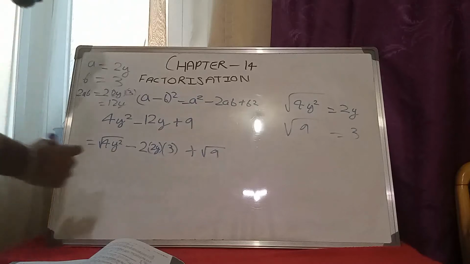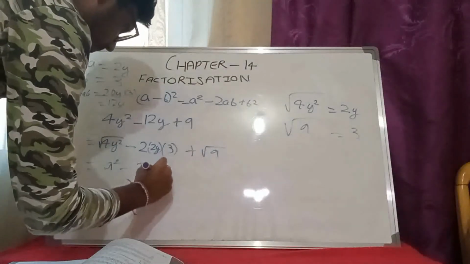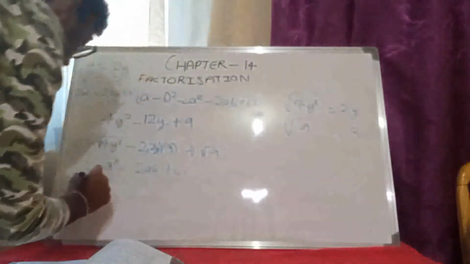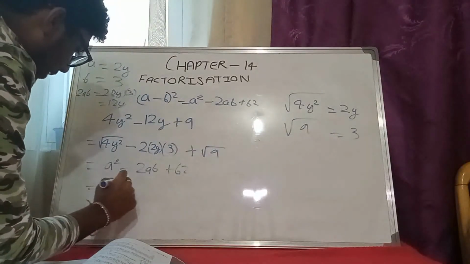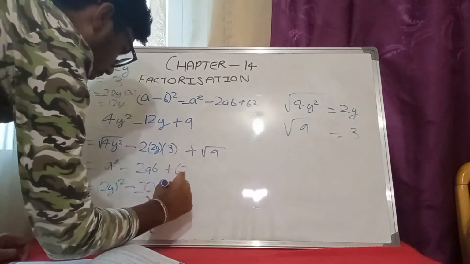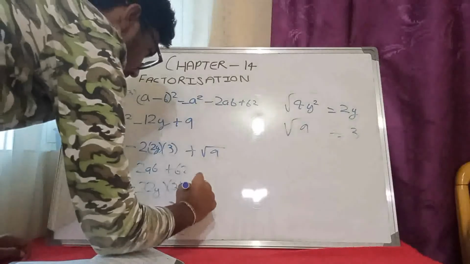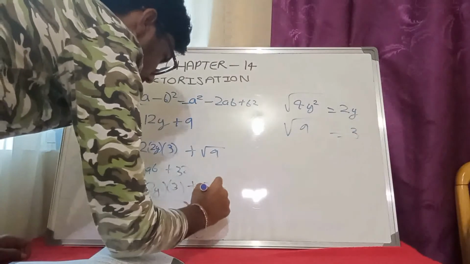We can see that a square minus 2ab plus b square equals (2y) the whole square minus 2 into 2y into 3 plus 3 square.